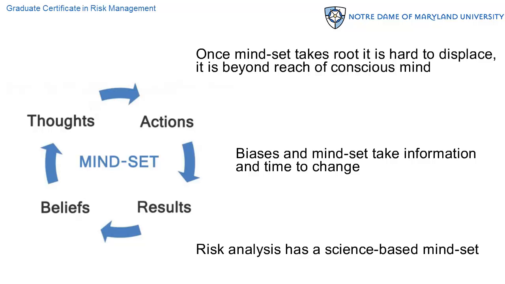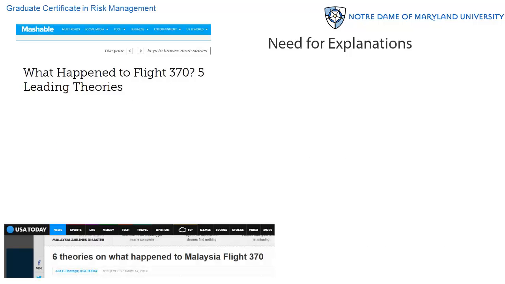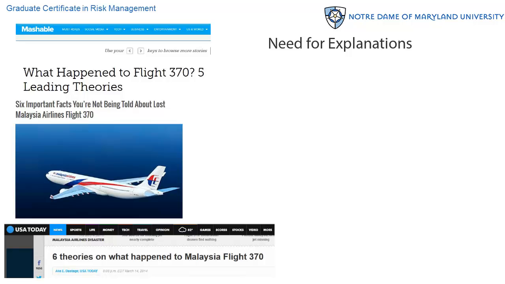Risk analysis has its own mindset, but we're thinking that if we have a science-based mindset and a mindset that says to pay attention to the things that you do not know, we might be able to make better decisions with a risk analysis mindset. Human beings have a need for explanations.